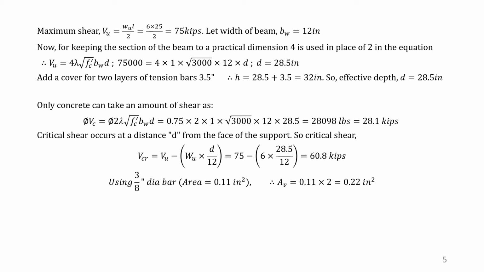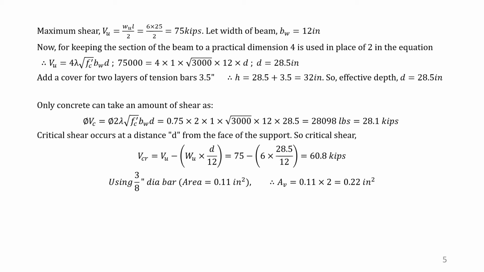Here in this case, our shear at the support, the reaction at the support, is 75 kip, and the d distance is 28.5, the depth of this beam, by 12 is the distance, and that multiplied by 6, and the calculation of this gives us a value of 60.8 kips.